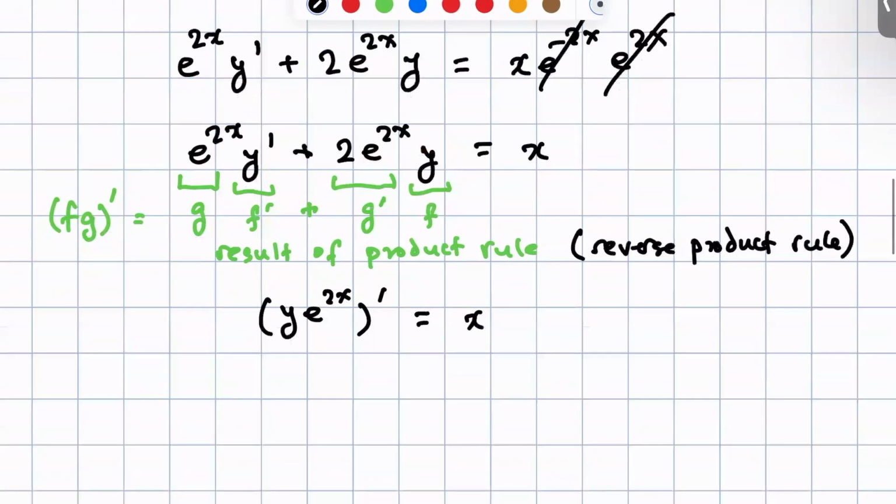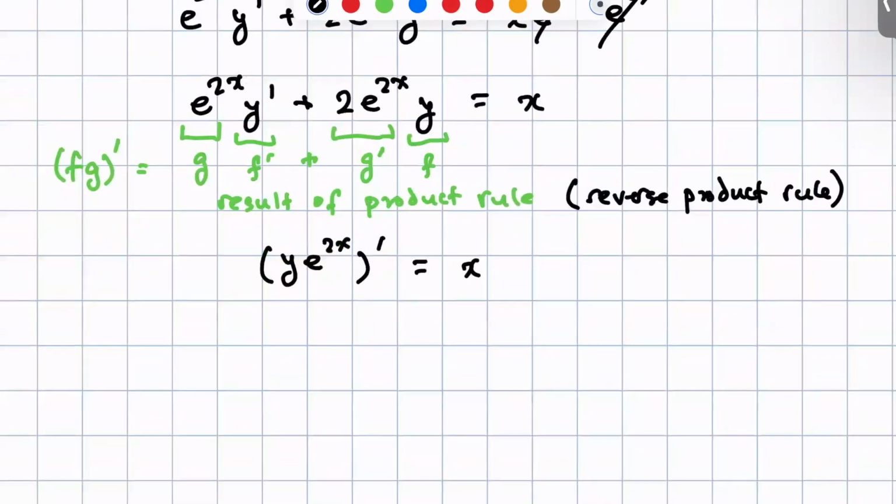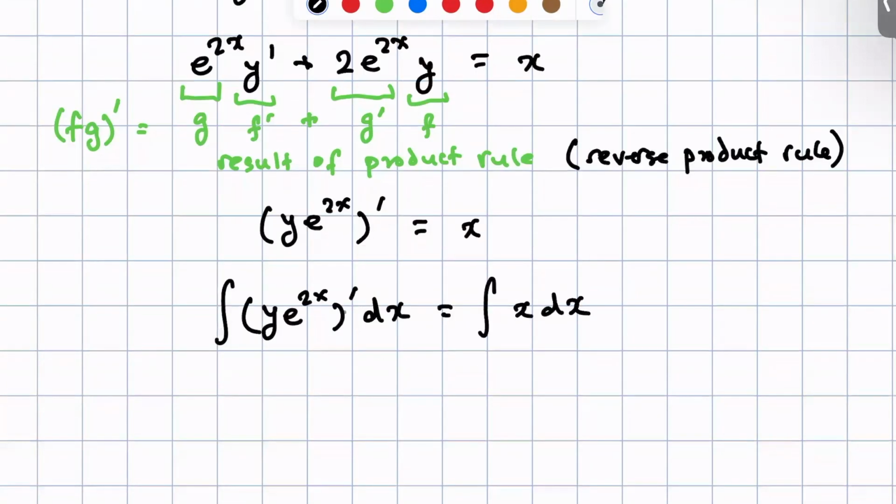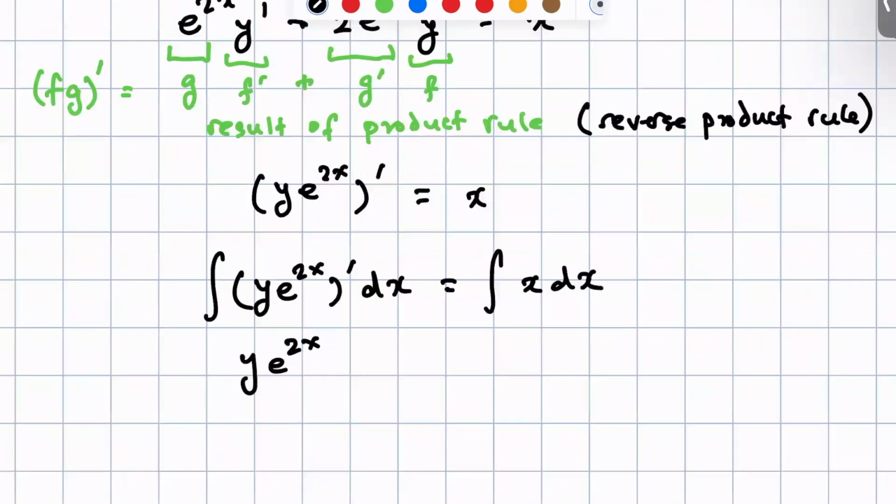And now this thing becomes a lot simpler. I can take the integral of both sides: the integral of (y e to the 2x) prime dx equals the integral of x dx. Now, when I take the integral of a derivative, I get the function back. So the integral and the derivative cancel each other out.